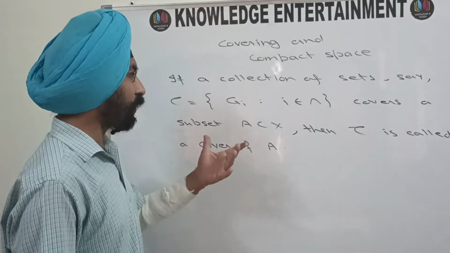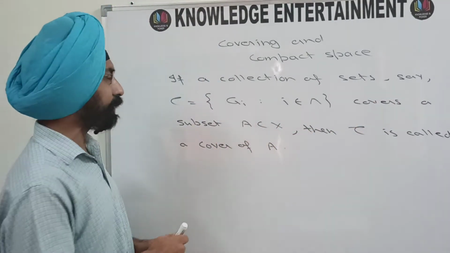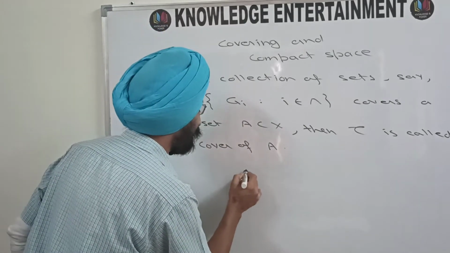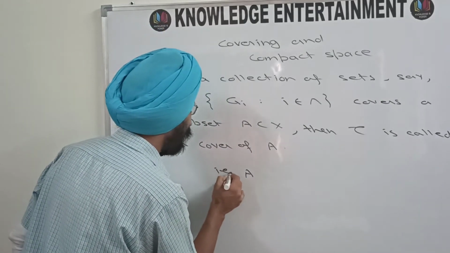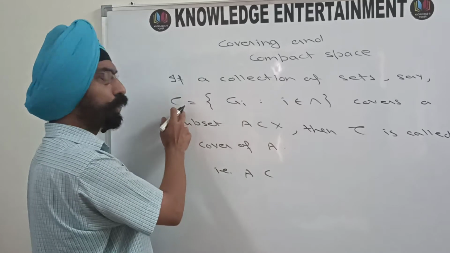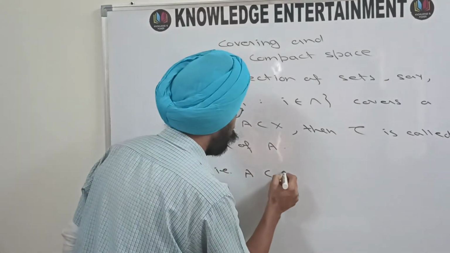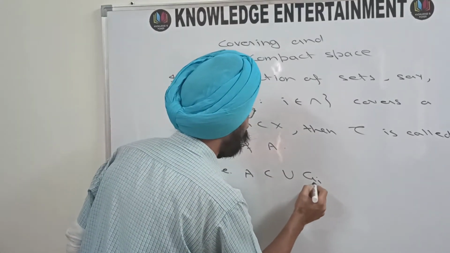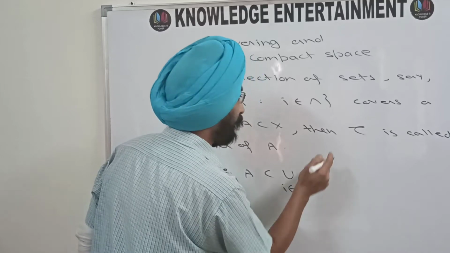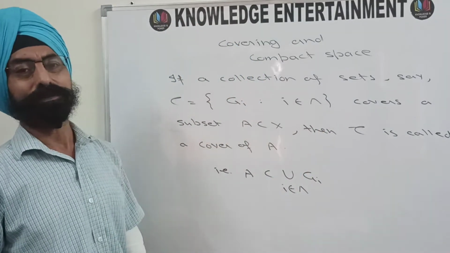In particular, you can say if C covers X, then C is a cover of X. So what is the meaning of covers a set? Covers a set means A is a subset of the union of members of C. So A is a subset of union of Gi, where i belongs to that particular family lambda.